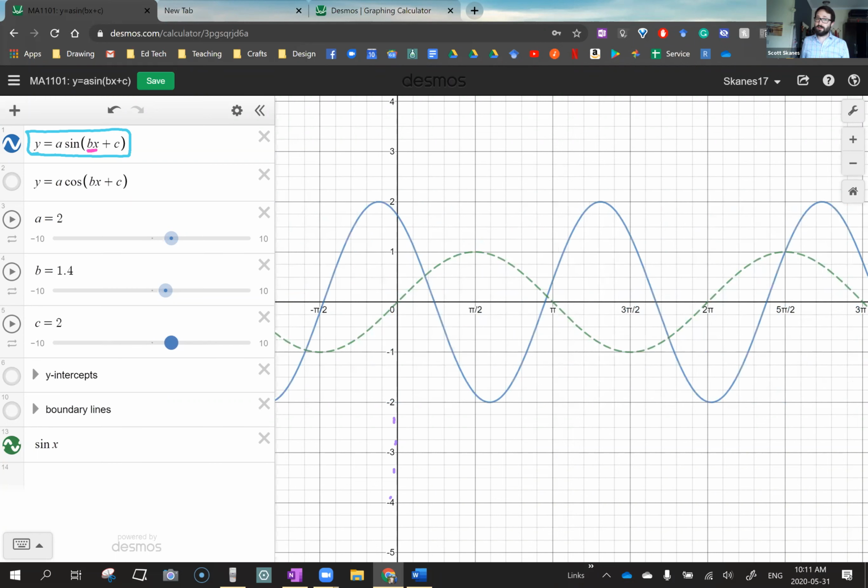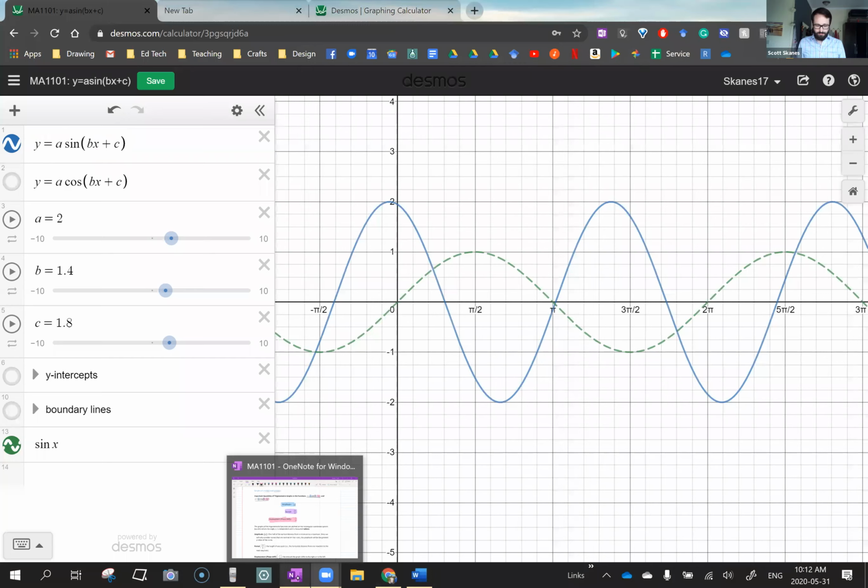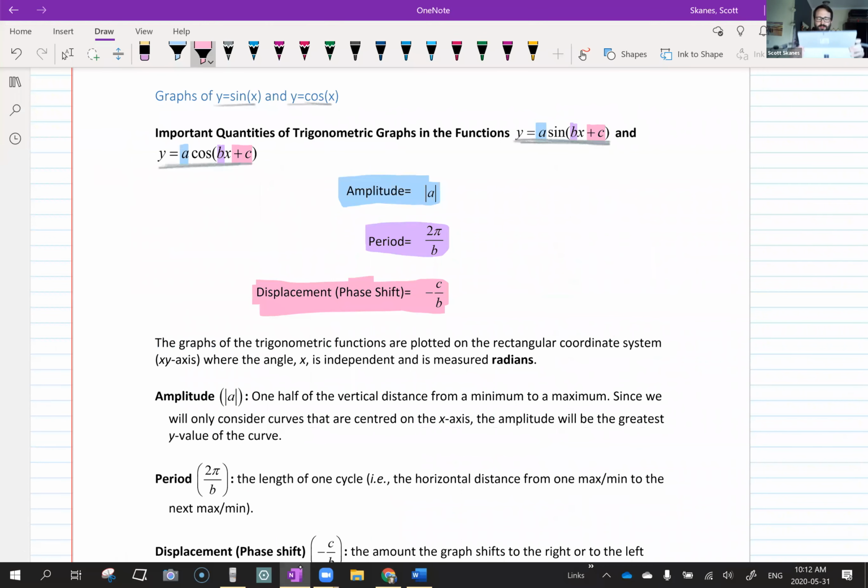I move it left and right. So stretch up and down, stretch left and right, move it left and right. That's all we're going to be dealing with. I hope that didn't blow your mind too much. I hope it helped. You're not going to have to mess with Desmos too much. I just want you to get the basics, okay? So the amplitude, another way of saying it is it's kind of like vertical stretch.